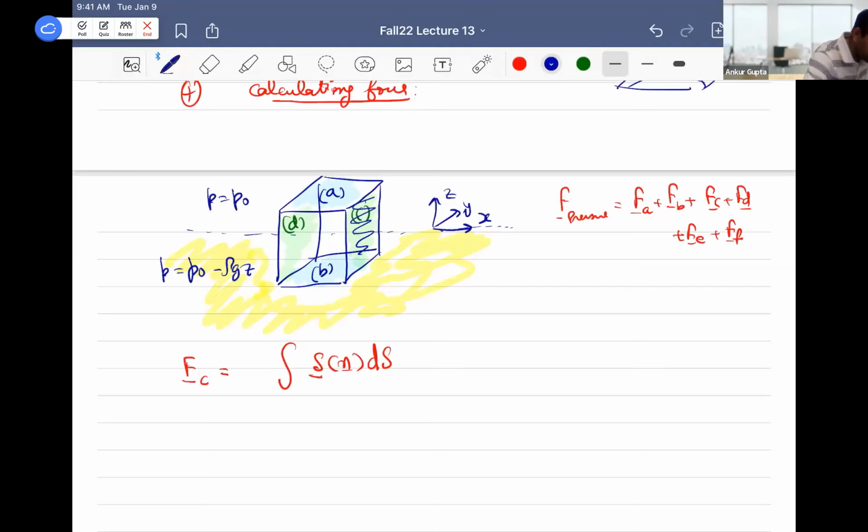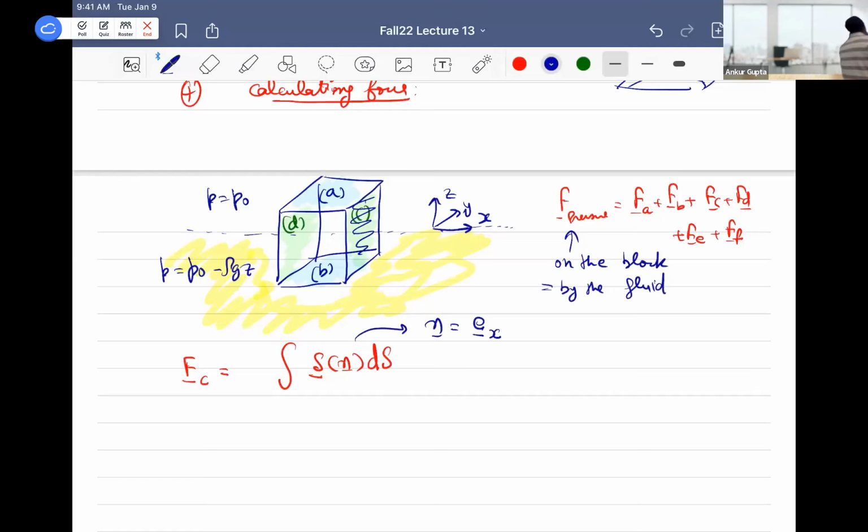So this is force on the block, by the fluid. So my n vector now should point into the fluid because that's a definition. Okay, so my n vector is in this case e_x.